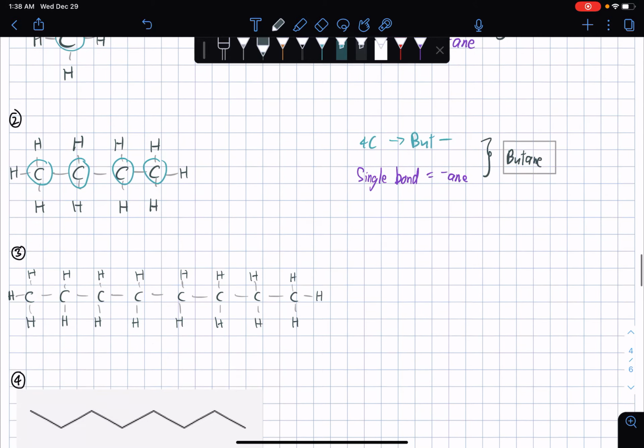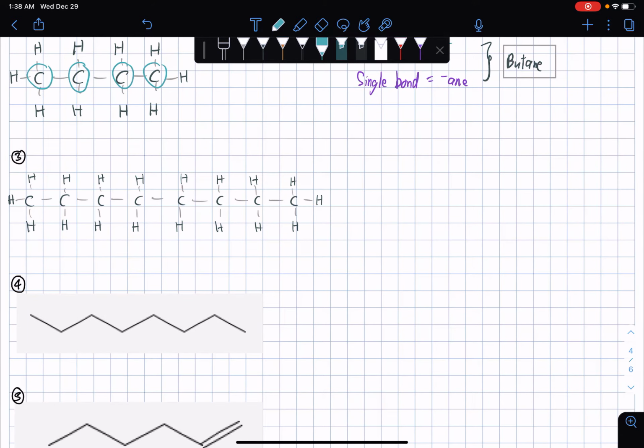Alright, let's move to number 3. Let's use the same strategy. We count the number of carbons: 1, 2, 3, 4, 5, 6, 7, and 8. We have 8 carbons, which is equivalent to oct. Similar to mathematics, where 3 sides is a triangle and 4 sides is a square, the octagon has 8 sides.